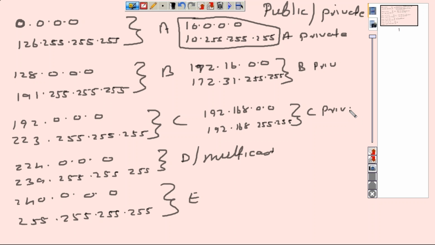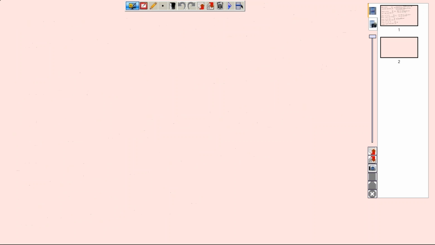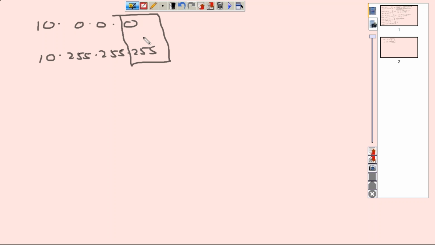Or look at it this way. So you have your 10.0.0.0 to your 10.255.255.255. Which means if you look at this octet, how many IP addresses can you use, starting from 0 to 255? 256, because remember, in the outside world, we start counting from 1, 2, 3, right?